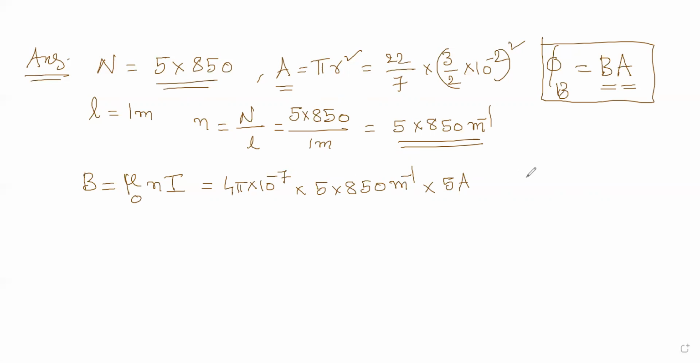So we will substitute 5 amps. So the answer works out to be 2.671 into 10 to the power of minus 2 Tesla. When you work out, this will be the answer you get.